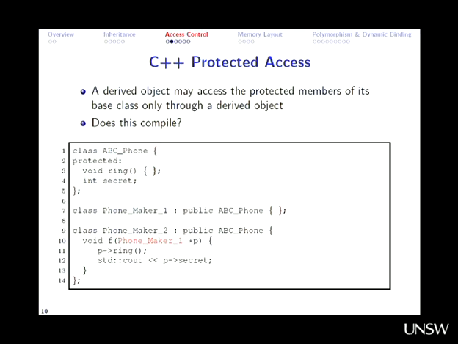So within PhoneMaker 2, even though it extends ABC phone, and even though we can say PhoneMaker 2 is an ABC phone, PhoneMaker 2 cannot access protected data members of an ABC phone object by itself because it is a different class.